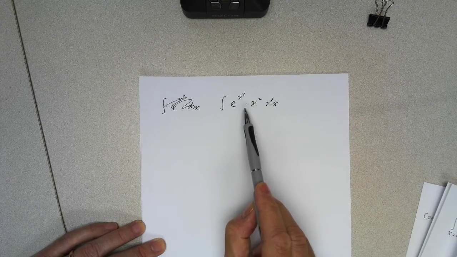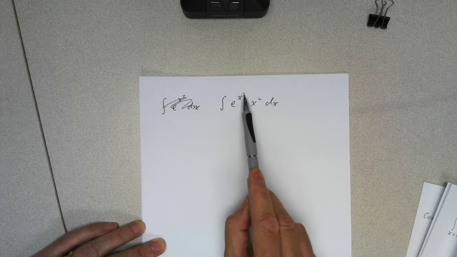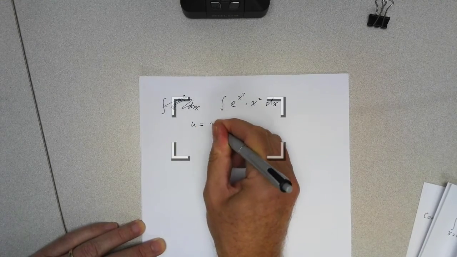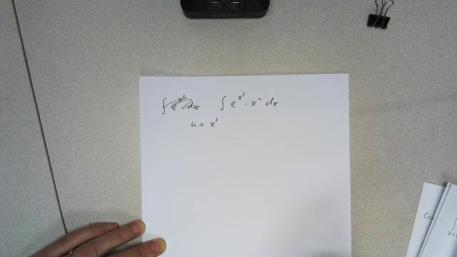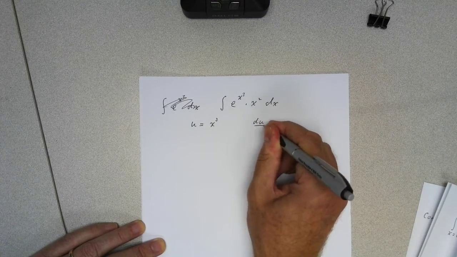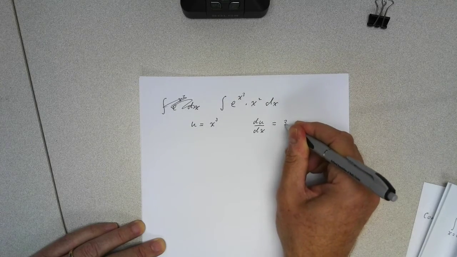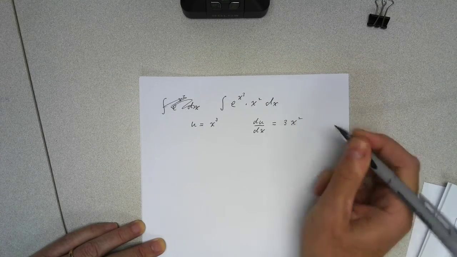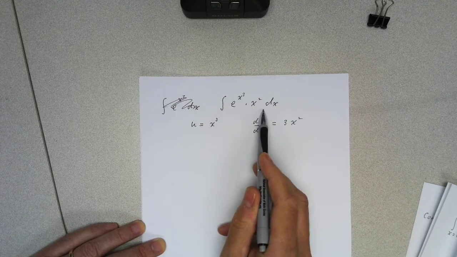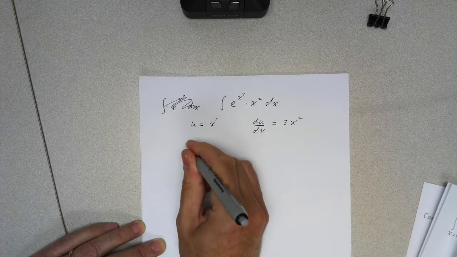So the idea of integration by substitution is that we do a temporary relabeling. We saw the x to the third appearing here, so we let u be x to the third. Its derivative is 3x squared. Now we take this integral, which is in terms of x, and we rewrite it completely in terms of the new variable u.